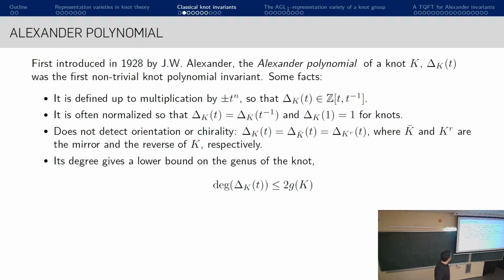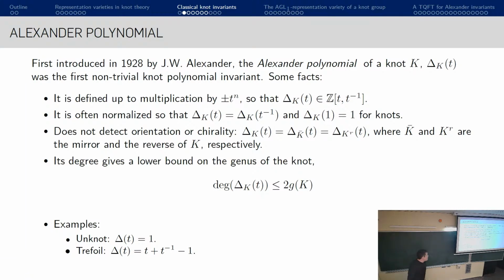So there are several. It's not a complete invariant, okay? For example, it's defined from an oriented knot, but if you switch the orientation or you take the mirror of that knot, you get the same polynomial. And well, we've got 100 years of research. It's connected to many, many other topological invariants, such as the genus, and it's one of the core topics in knot theory.